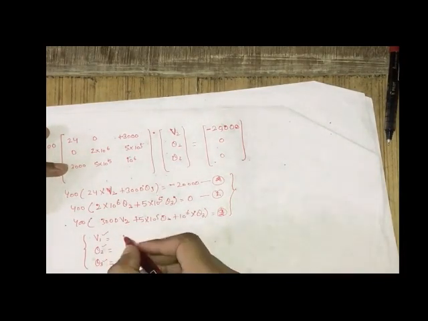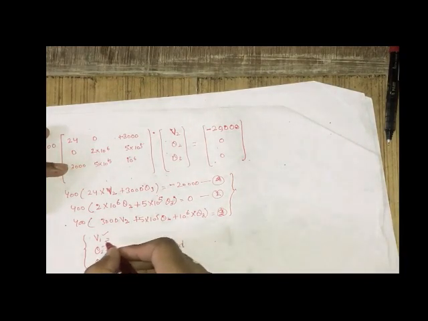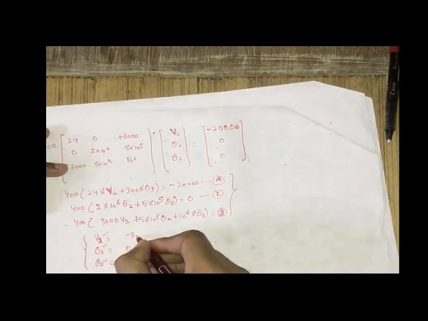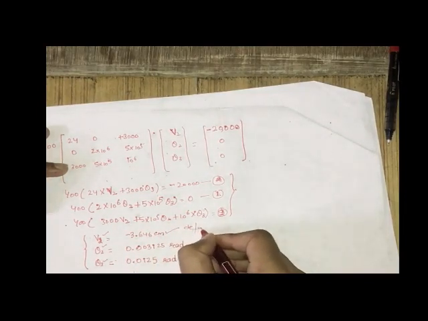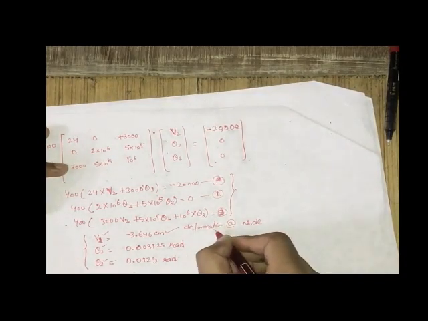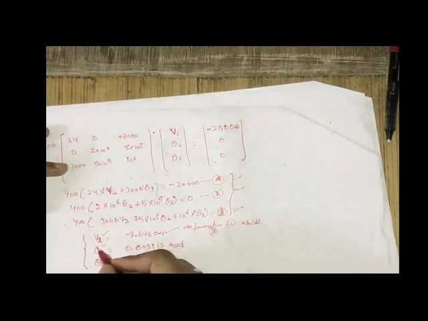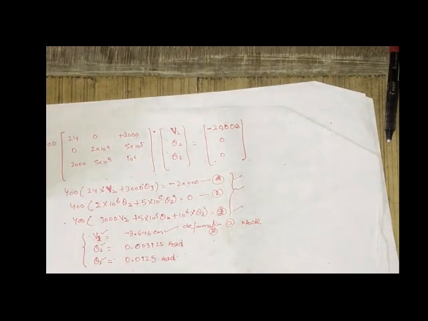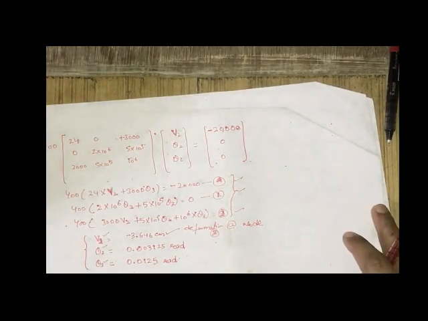V is nothing but the vertical force, so we got V2 as minus 3.646, which is the deformation at node 2. So with these three equations we get the values of these three. Okay, so it is an easy problem by using the finite element method.